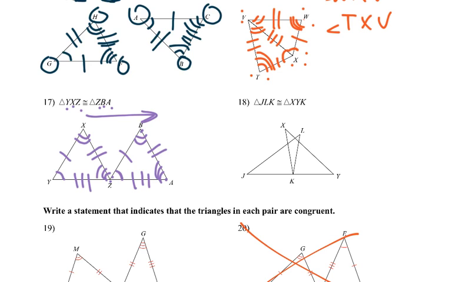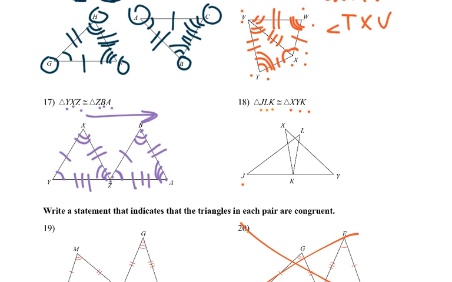Okay, now 18 looks a little crazy, doesn't it? So sometimes it's a good idea to piece through what you're looking at. So JLK is one triangle, and XYK is the other. So it's kind of like they are crossing each other, but didn't quite go very far. Okay?